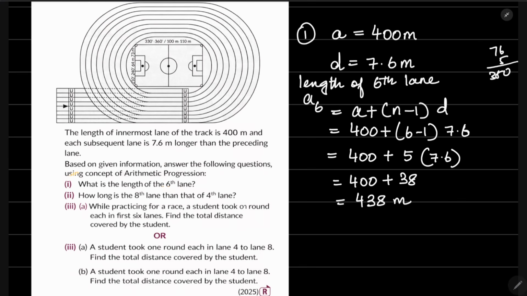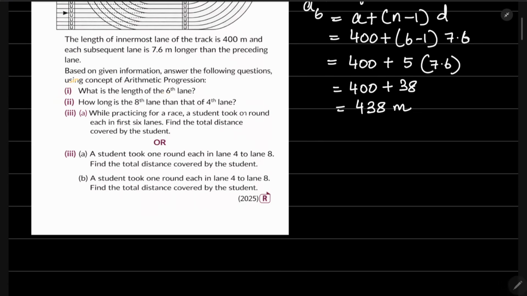It's done. The second one is, how much longer is the 8th lane than the 4th lane? So you have to calculate the length of the 8th lane, also the length of the 4th lane, and then find the difference. So let us do the second one.